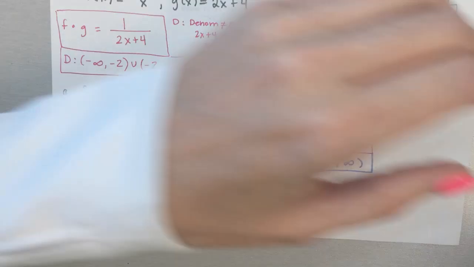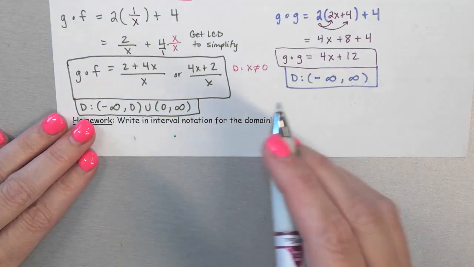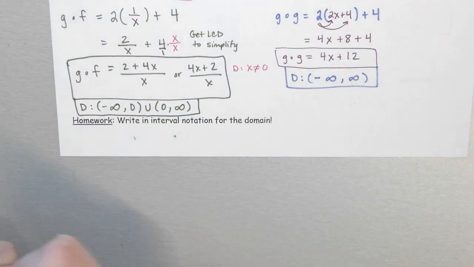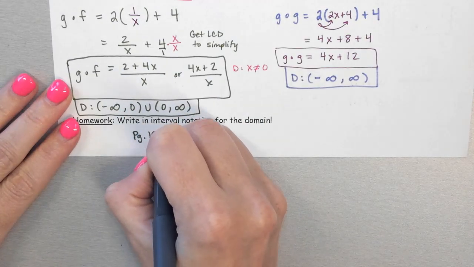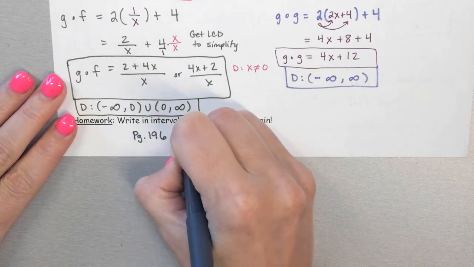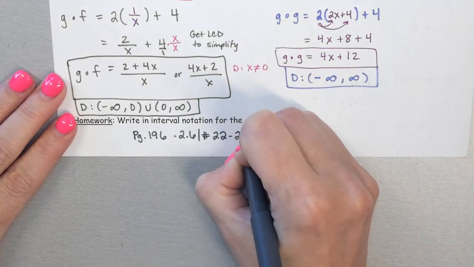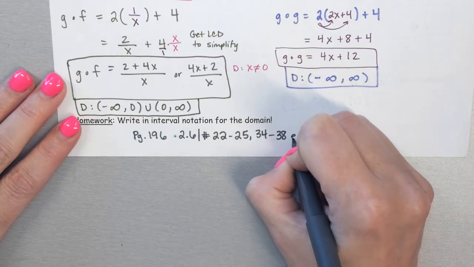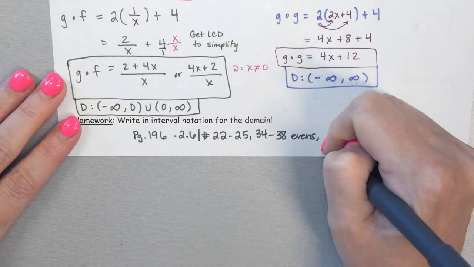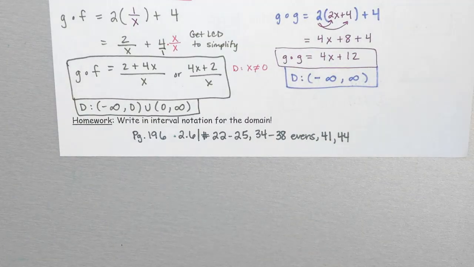Okay, so I'm going to give you time to work on your assignment. This is on page 196. This is 41 and 44, so I'm just going to put a comma.